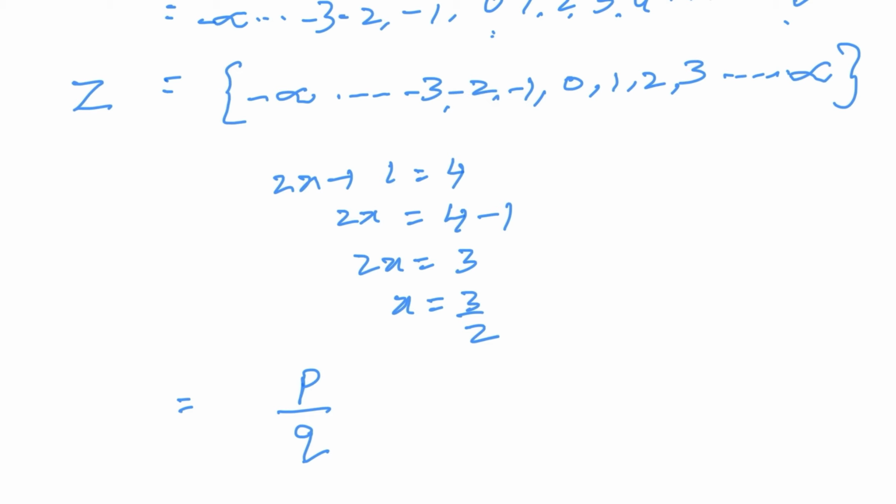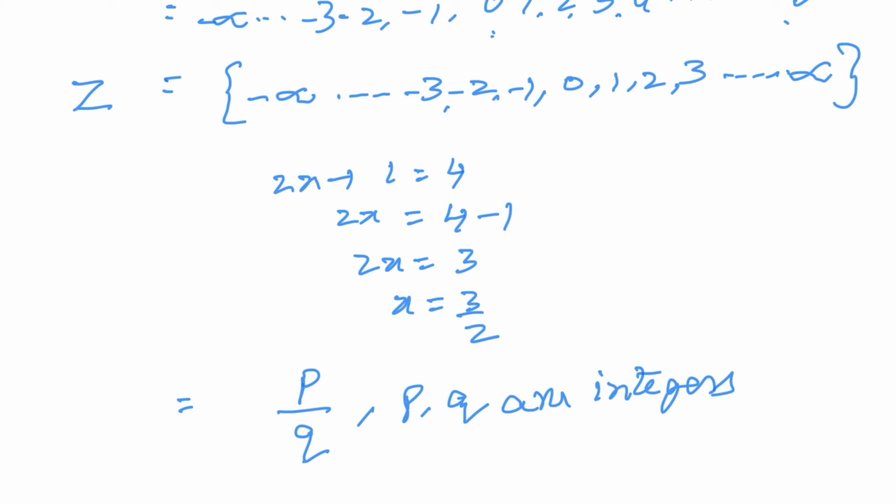So the definition has come like this: a number of the form p/q where p and q are integers. And they put another condition also, which is very vital: q must not be equal to 0.